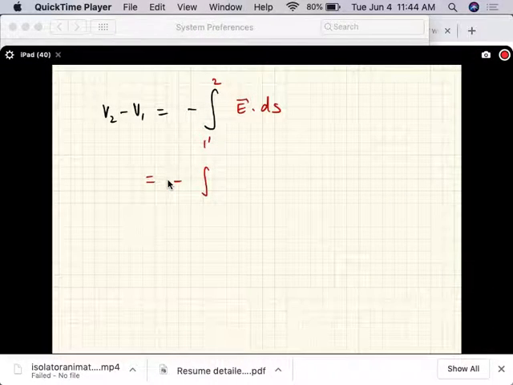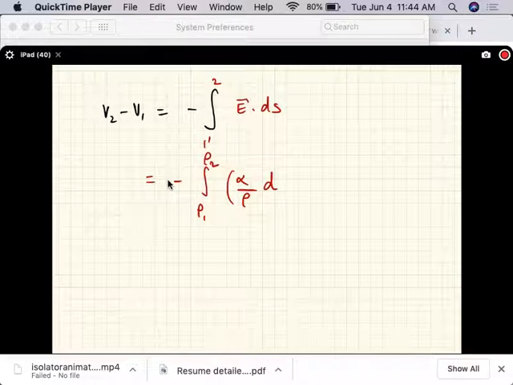So this integral becomes the integral from rho 1 to rho 2 of alpha rho hat, that's E, dotted with ds, which is d rho hat.